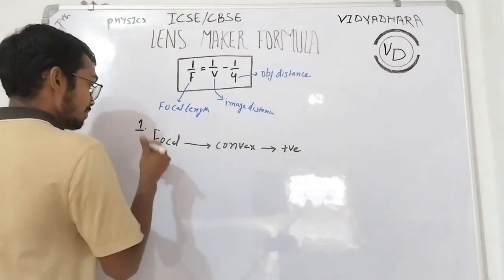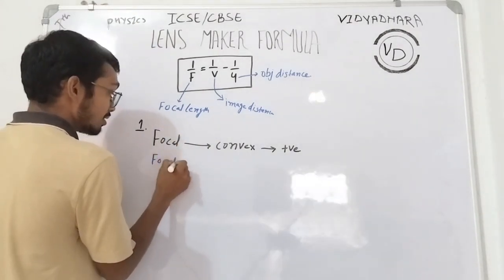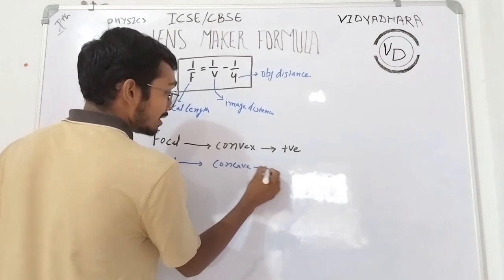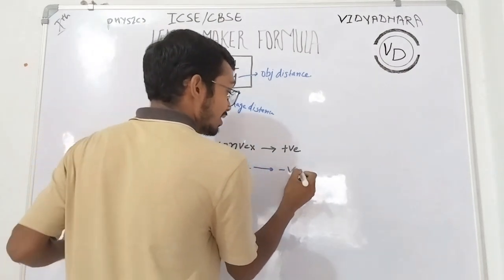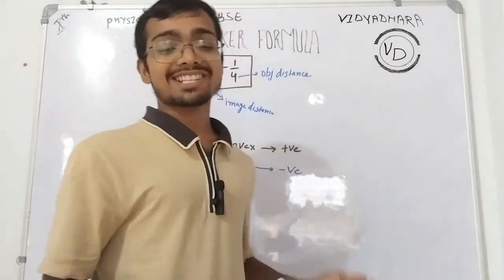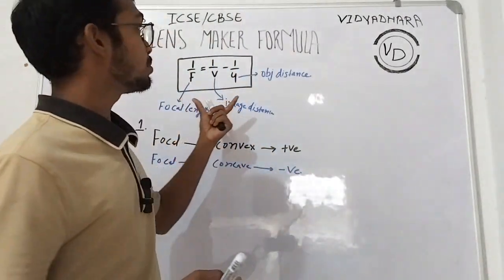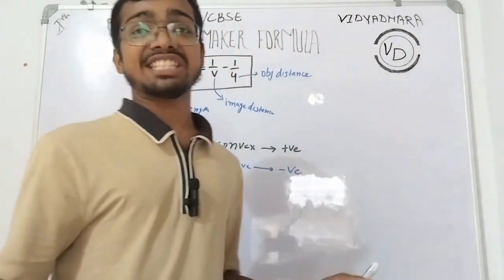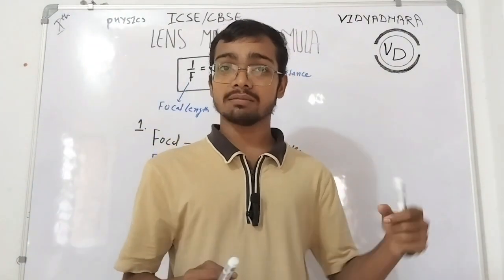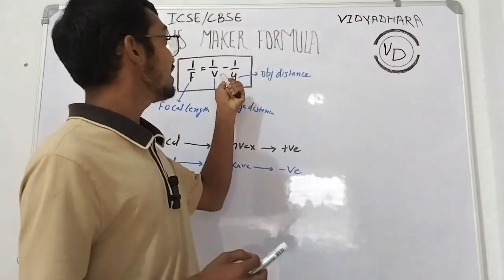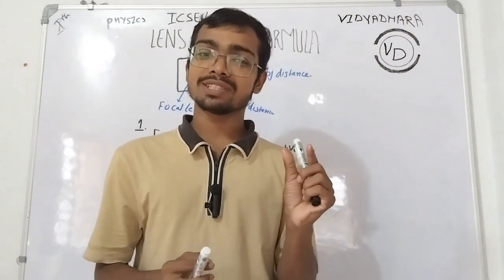Focal length of concave lens is taken as negative. You have to learn these 4 rules by which you can solve problems related to the lens maker formula. What is the lens maker formula? 1 upon f is equal to 1 upon v minus 1 upon u, not plus. If the plus is there, then it becomes the mirror formula.